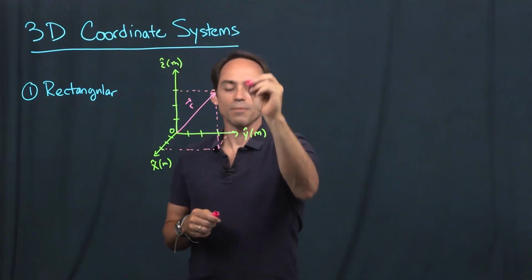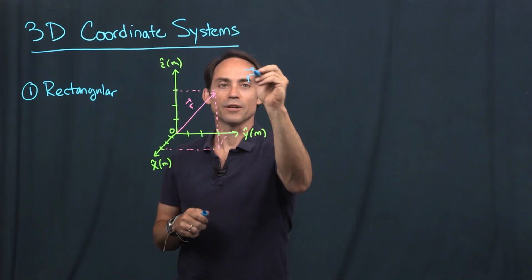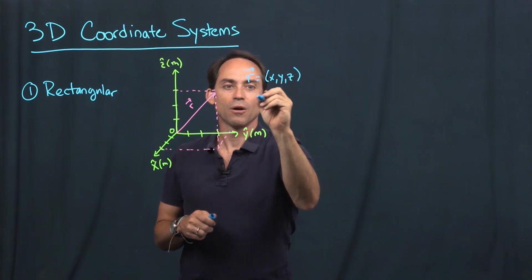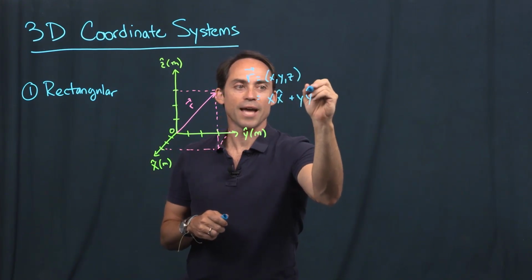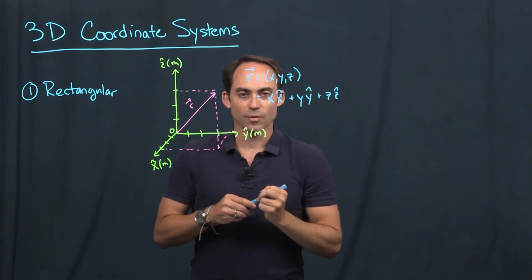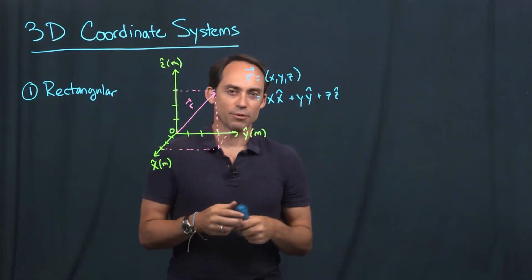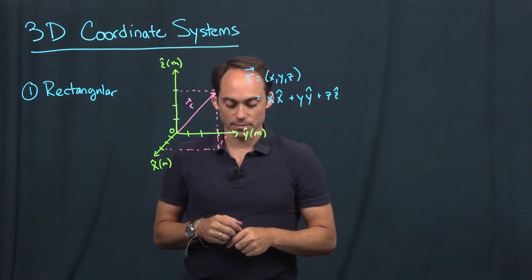And so I can write my position vector as a combination of 3 numbers, or as a combination of 3 magnitudes plus the unit vectors. Again, because we have 3 dimensions, we have to specify 3 different coordinates, and we're doing this in the x, y, z coordinate system.